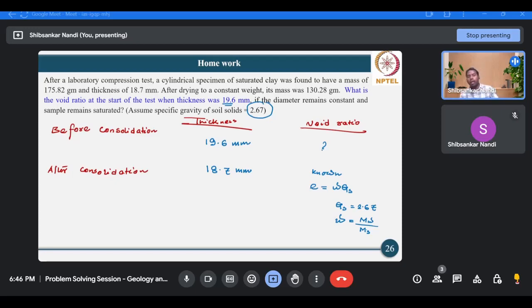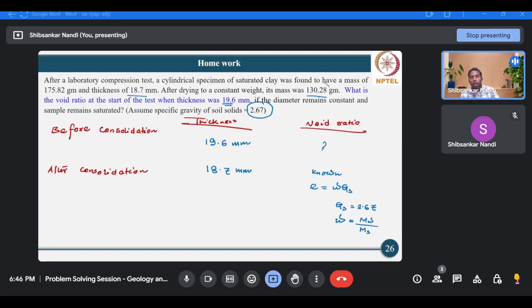As you can see, this is the data regarding water content determination: a cylindrical specimen of saturated clay was found to have a mass of 175.82 gram and thickness 18.7 mm. After drying to a constant weight, its mass was 130.28 gram.